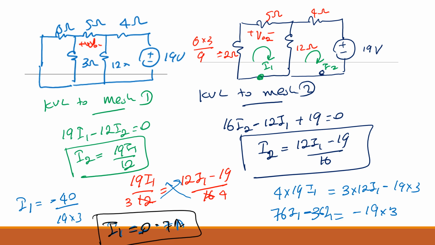Is that wrong? I think it's 1.4. I1 is 1.4. Did anyone else get that? Anyone else got it? I did it twice and I still get negative 0.7. Let's wait for one more.